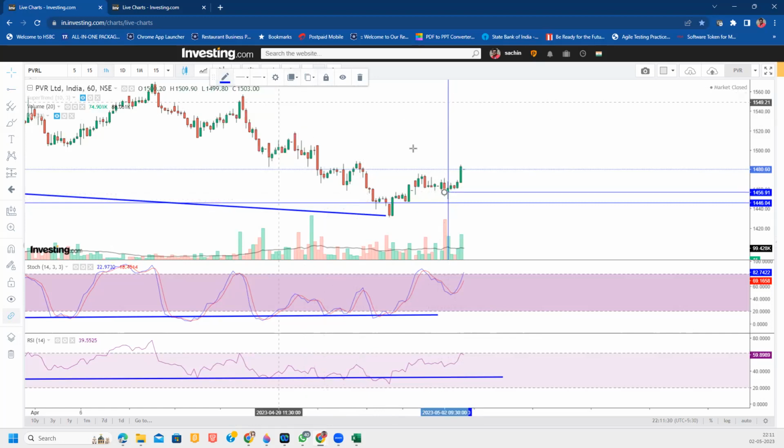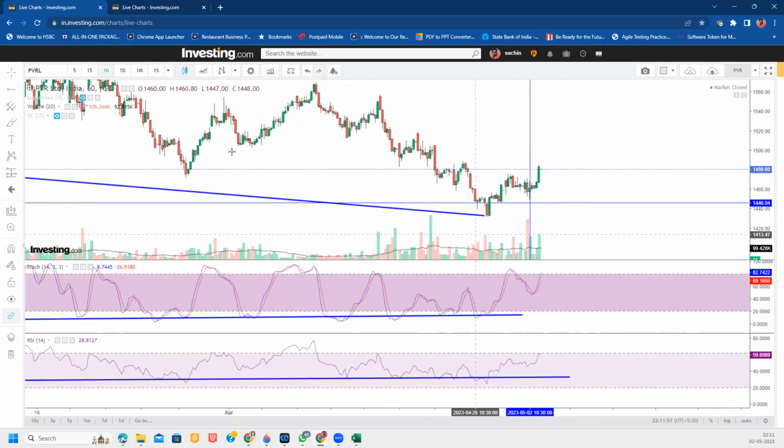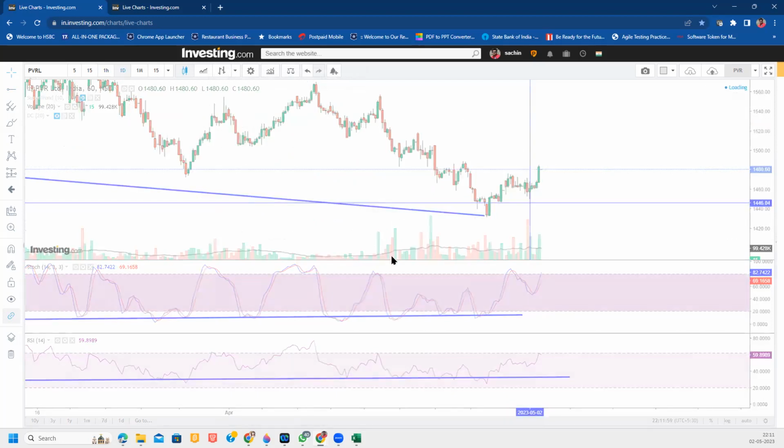That price point was around 1456. Because a day trader needs to exit the position on the same day, he could have entered at 1480. So on average he could have got, I mean, around 27 rupees per stock. Depending on how much he invested, he could have gone further. So that is the latest example of divergence in PVR cinemas.